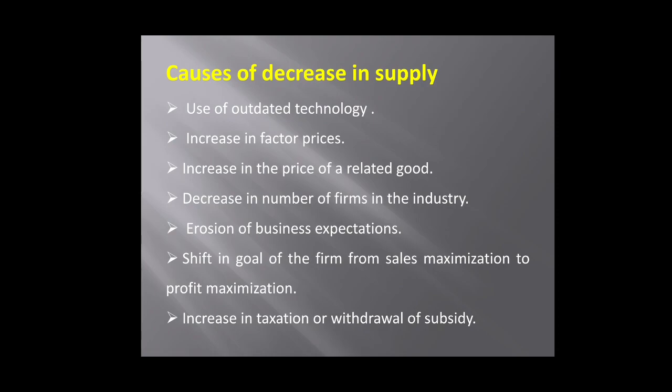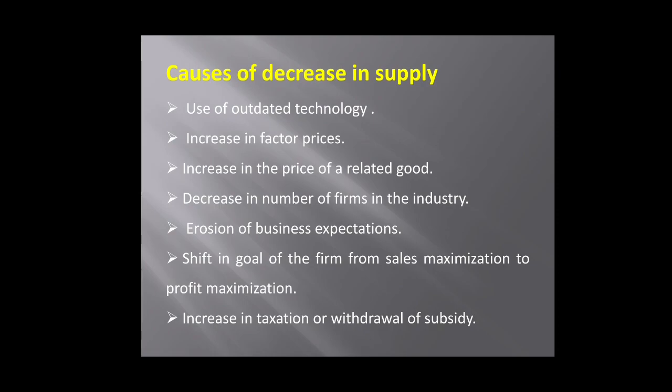When costs go up, profits go down, and the incentive to supply also goes down. In this case, the producer will produce and hence supply less even at the existing price, thus causing a leftward or inward shift in the supply curve.